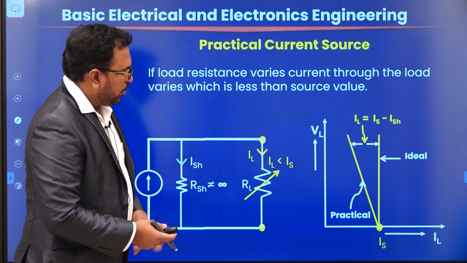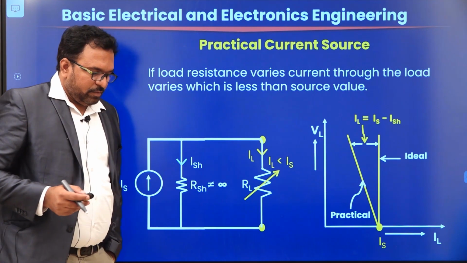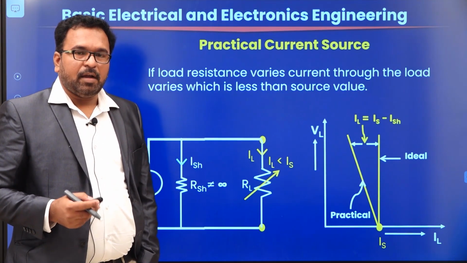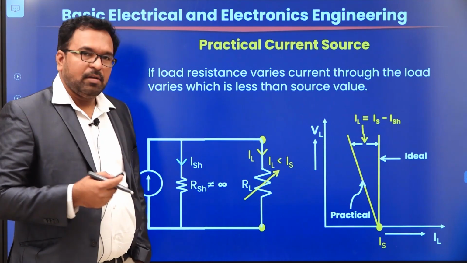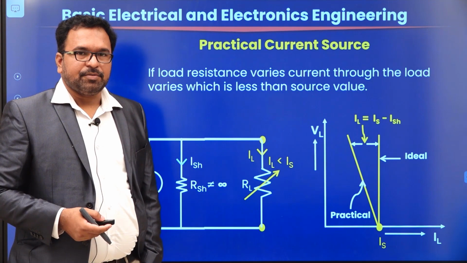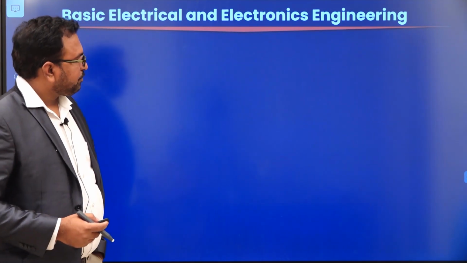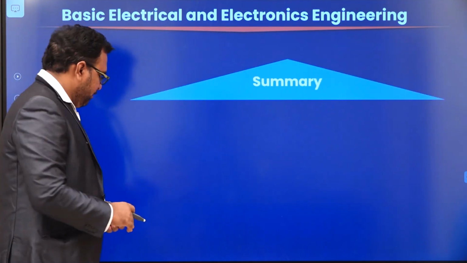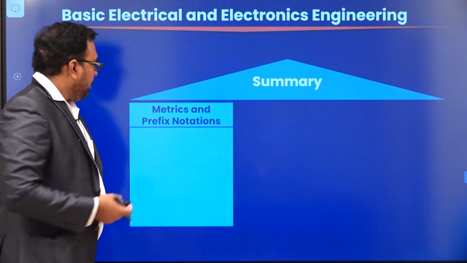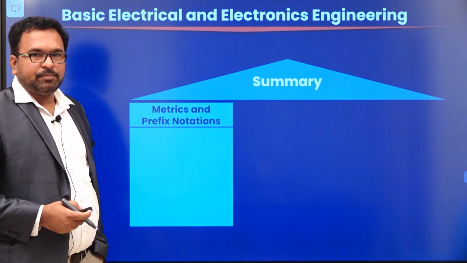So I think with this course you know clearly about the ideal voltage source and practical voltage source, as well as ideal current source and practical current source. That's for today. Now let us summarize once again what we have discussed. First, we discussed the metric and prefix notations.